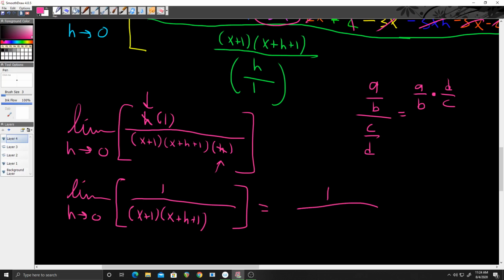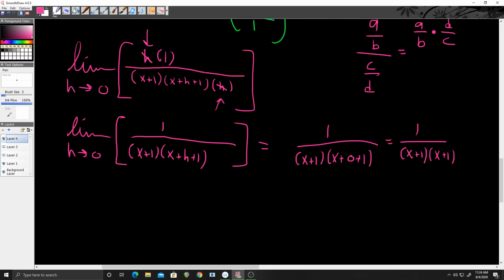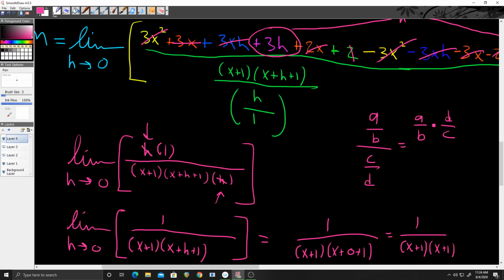So if I plug that in, I get 1 over x plus 1 times x plus 0 plus 1, which is 1 over x plus 1 times x plus 1, which of course is 1 over x plus 1 squared. Okay? And I will be honest, I actually didn't expect this result.